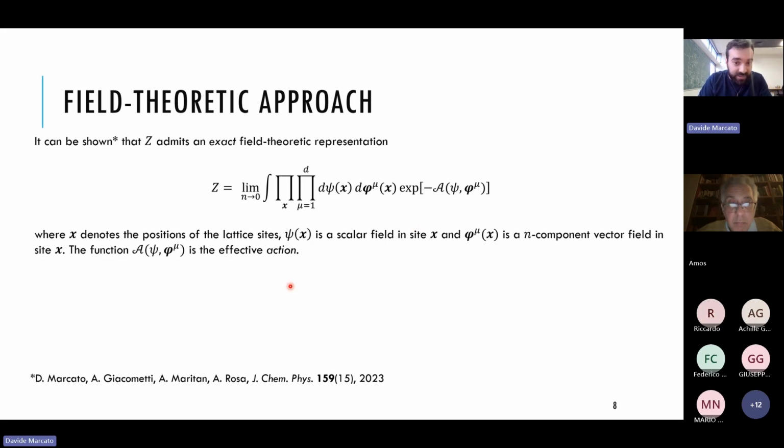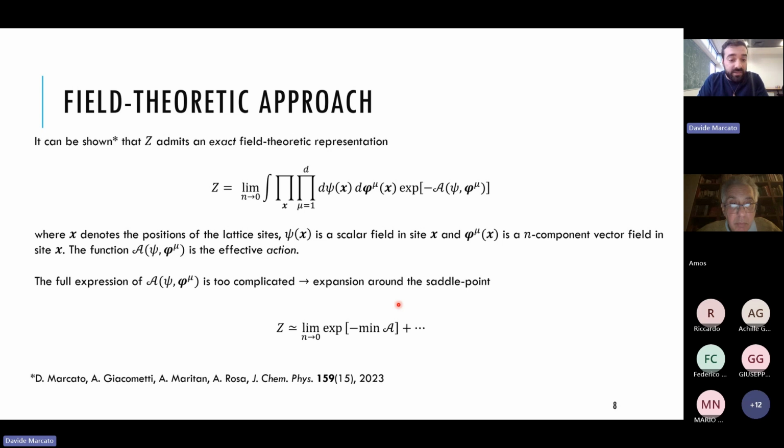However, the point is that up to this point, everything is exact, but the expression of A is too complicated for the integral to be computed directly. And so the idea is to approximate, and in particular to perform an expansion around the saddle point. So basically you minimize the action, and then you expand around the minimum of the action.